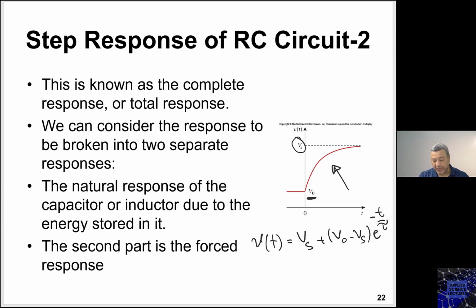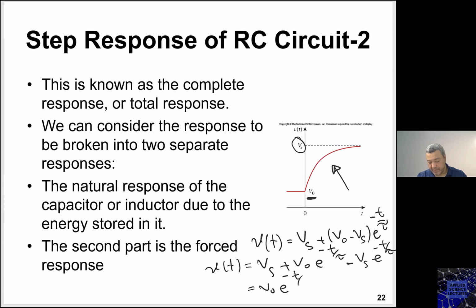Now if you rearrange this one, the natural response is V naught e to the minus t over tau, and then the forced response: I take Vs outside, Vs (1 minus e to the minus t over tau).